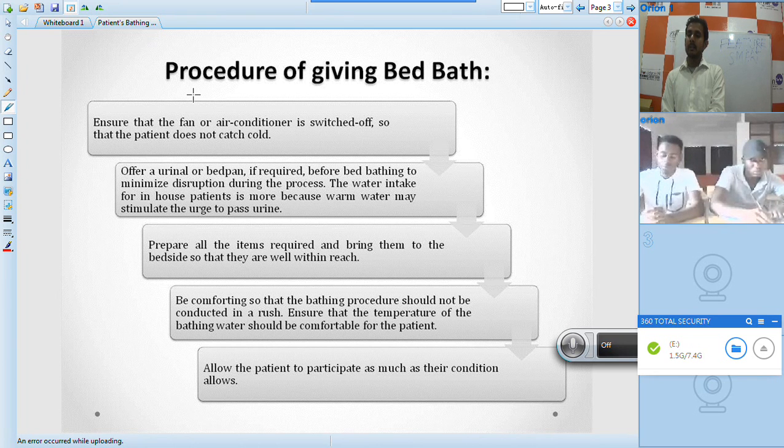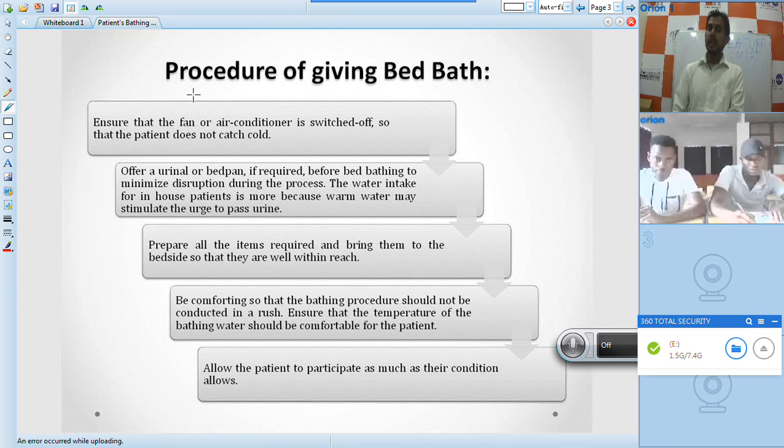While starting the bed bath, you need to arrange or prepare all the required items very near to the bedside where you start giving the patient bed bath.